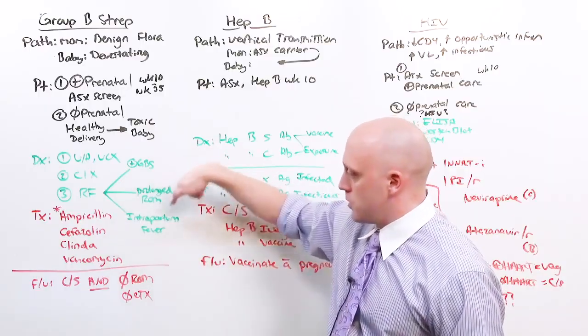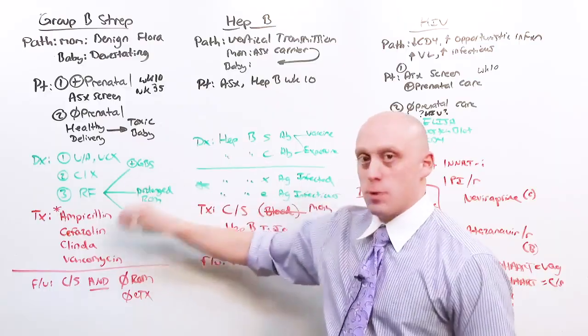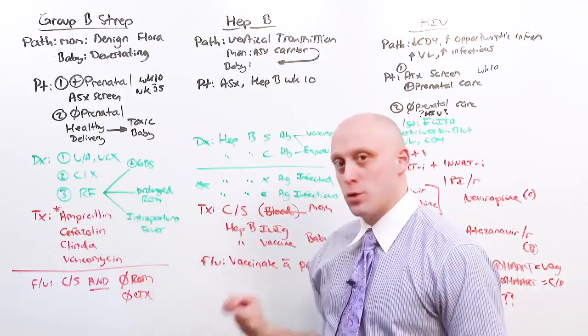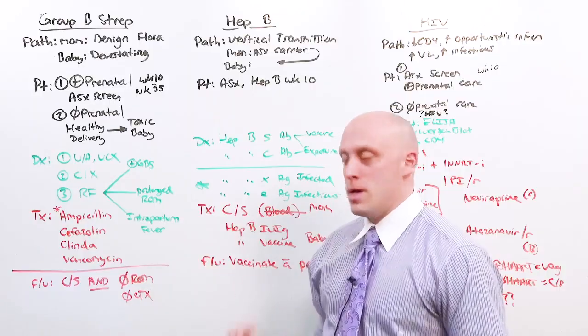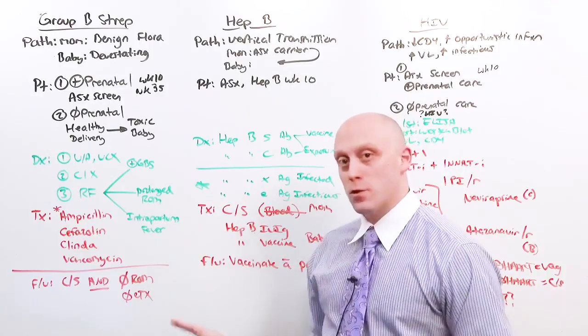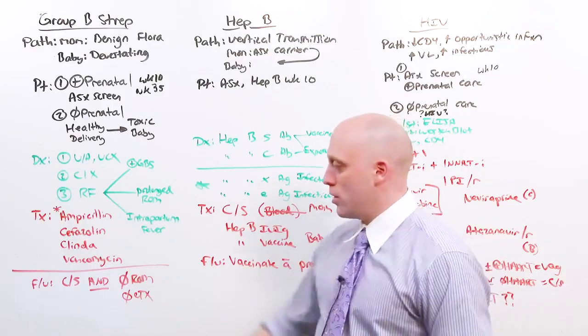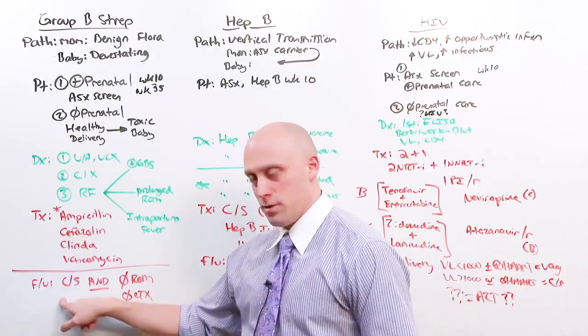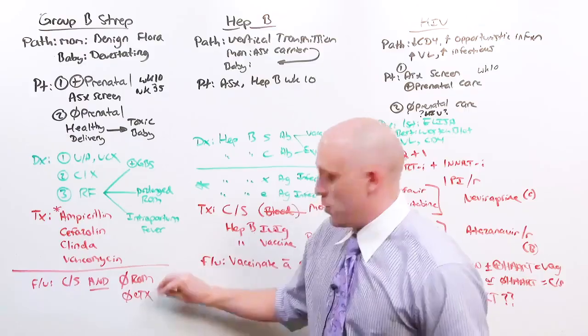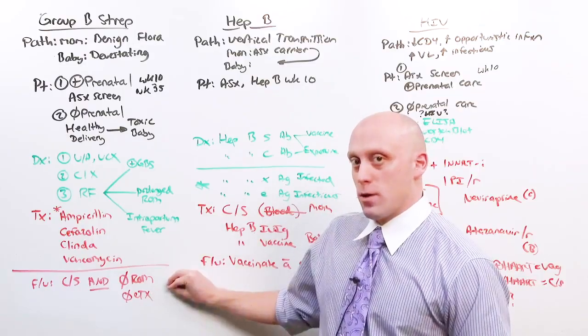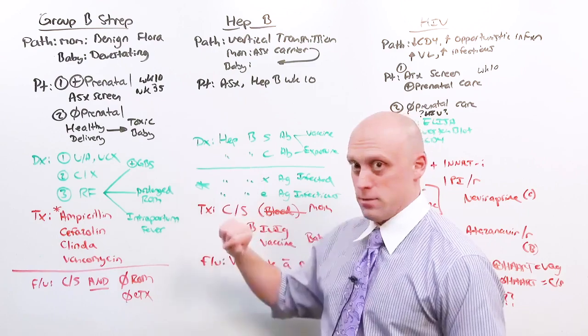Prolonged rupture of membranes, intrapartum fever, you treat intrapartum. The only time you don't treat intrapartum is if you've never been group B strep positive and you have normal delivery, or you have a planned C-section and there's been no rupture of membranes or the onset of labor, even if she's screen positive.